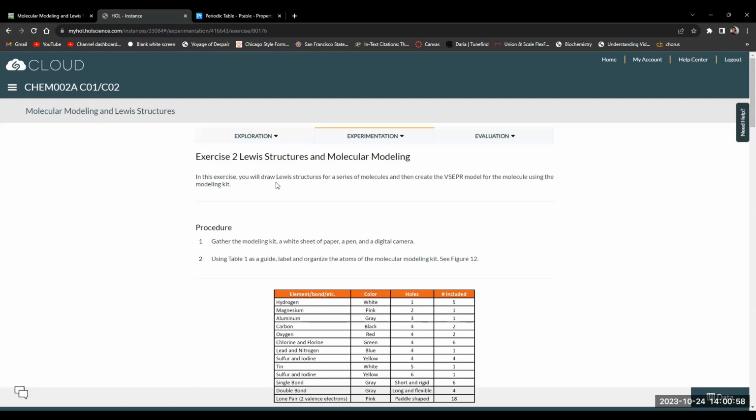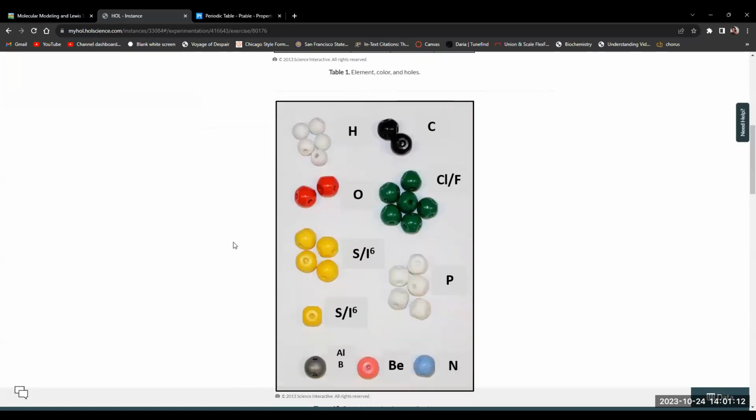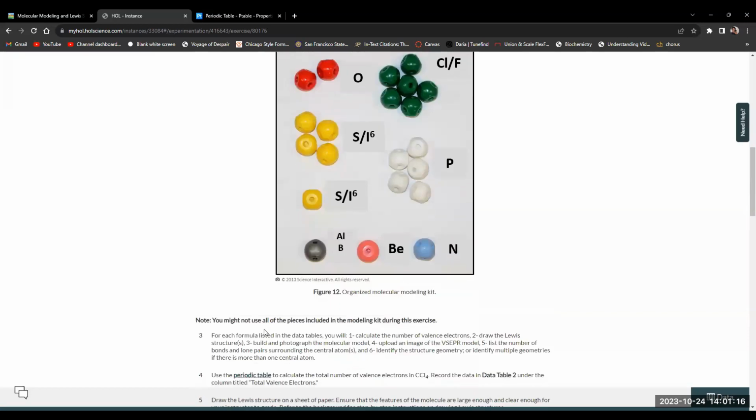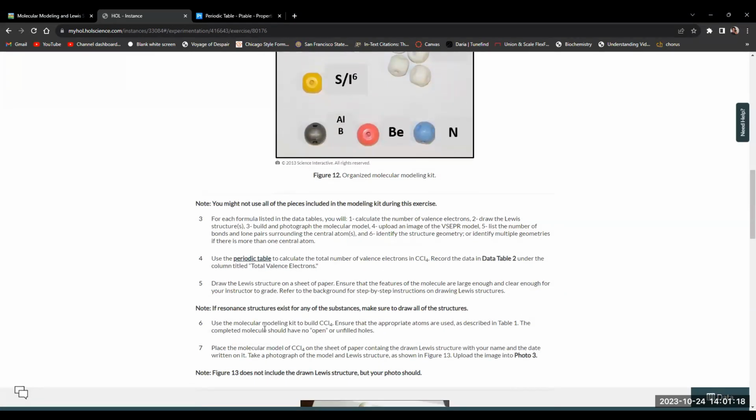So in this exercise, you will draw Lewis structures for a series of molecules and create the VSEPR model for the molecule using the model kit. So more of the same. I don't know why they didn't show this picture on the first page, but that's fine.